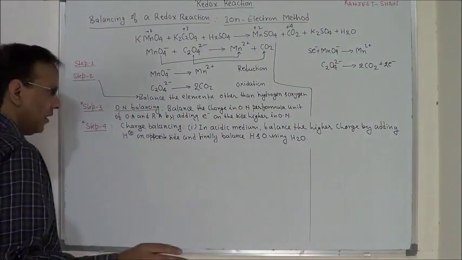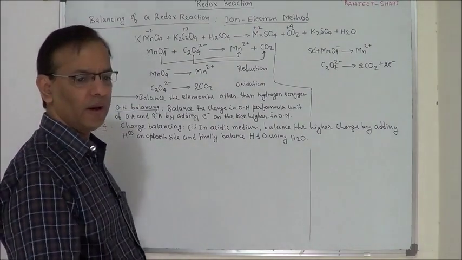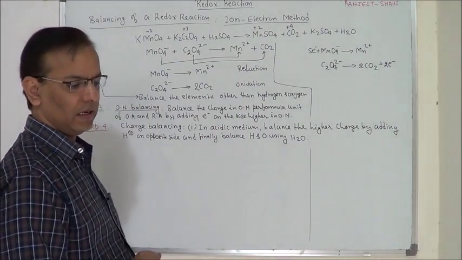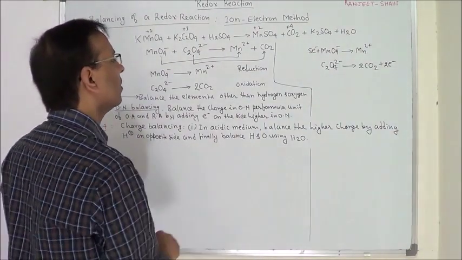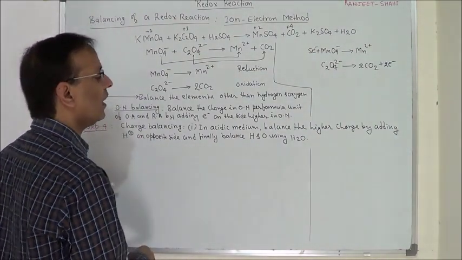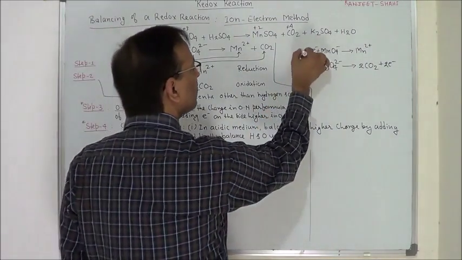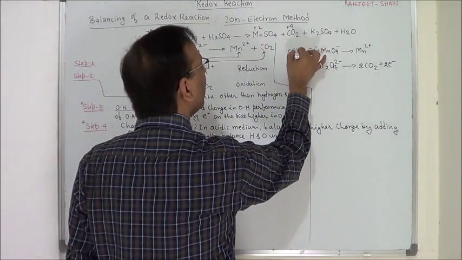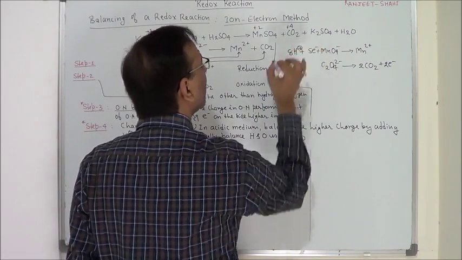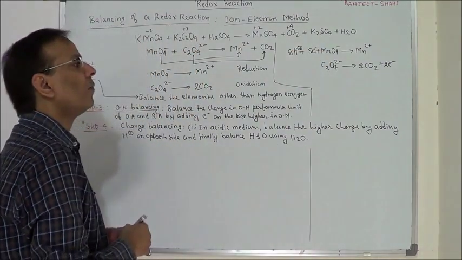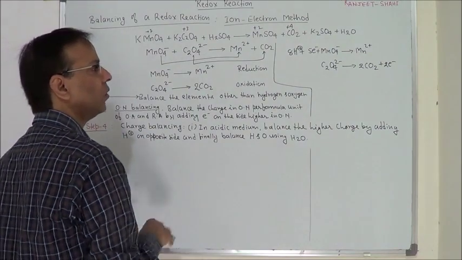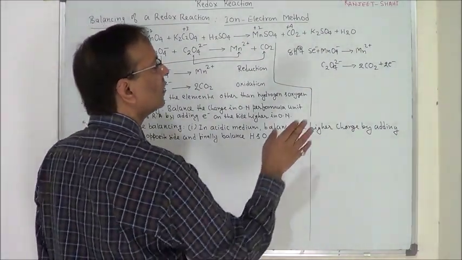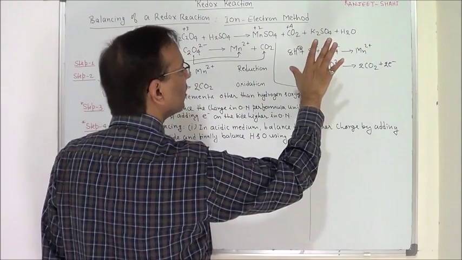We'll write the rule here for basic medium also, but we will be applying that in the second example. One thing we left, balancing of hydrogen and oxygen. So we have seen 8 hydrogen ion on the left side. Now we balance hydrogen and oxygen. What we have to do, we have to see the number of hydrogen on the two sides.